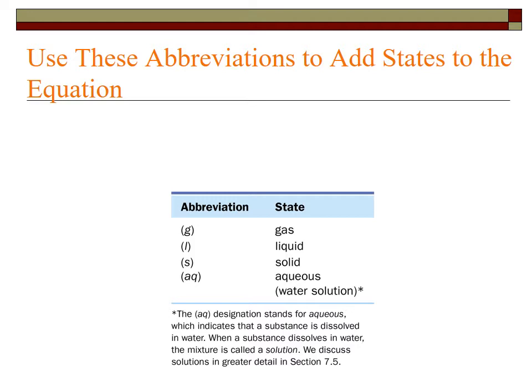The AQ stands for aqueous, which indicates that a substance is dissolved in water. When a substance dissolves in water, the mixture is called a solution. We discuss solutions in greater detail further on.